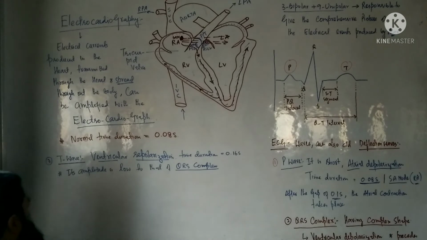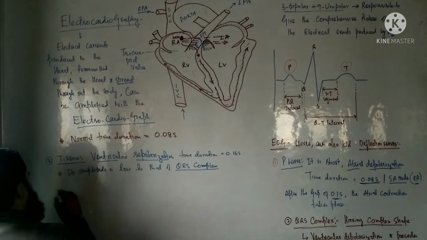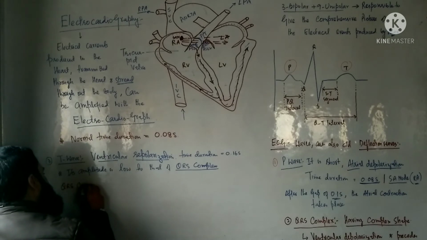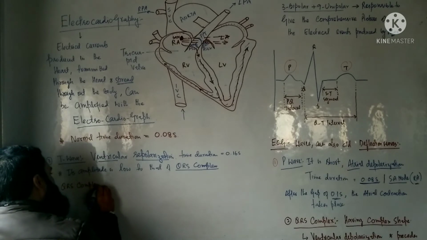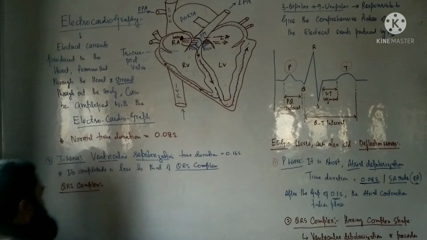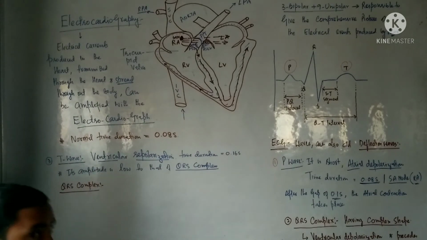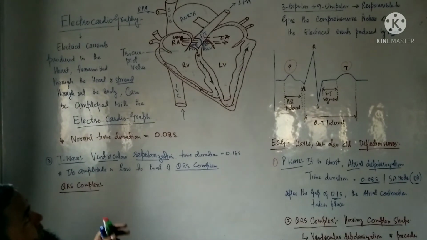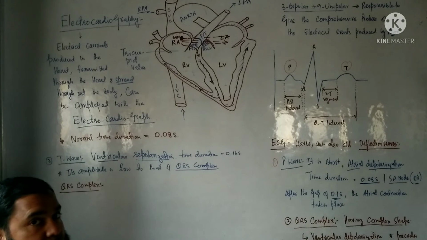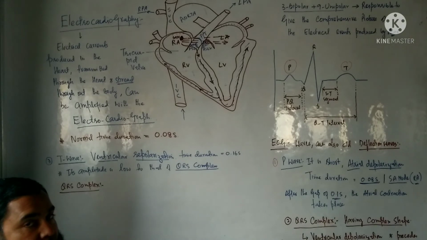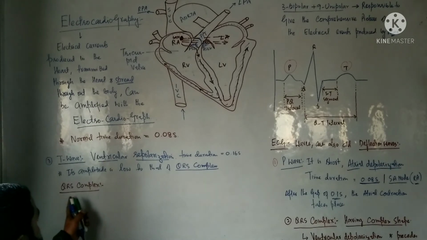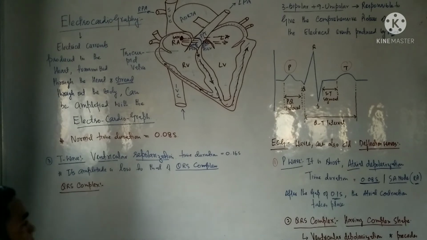One more point to be mentioned here. When we talk about the QRS complex, when the ventricular contraction takes place, the atrial repolarization also takes place simultaneously. But the repolarization produces a wave that is very minimal, so it is obscured by the wave produced by the QRS complex.